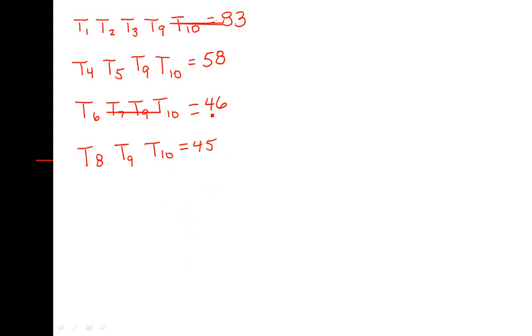Alright, largest here is 83, so T1 goes on the list. So we remove 10 because that's the weight of T1, leaves us with 73. 73 is still the largest, so we remove T2.